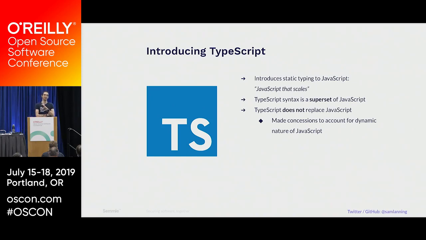The first is TypeScript have actually made a bunch of concessions to account for the dynamic nature of JavaScript. So it is what's called an unsound type system.